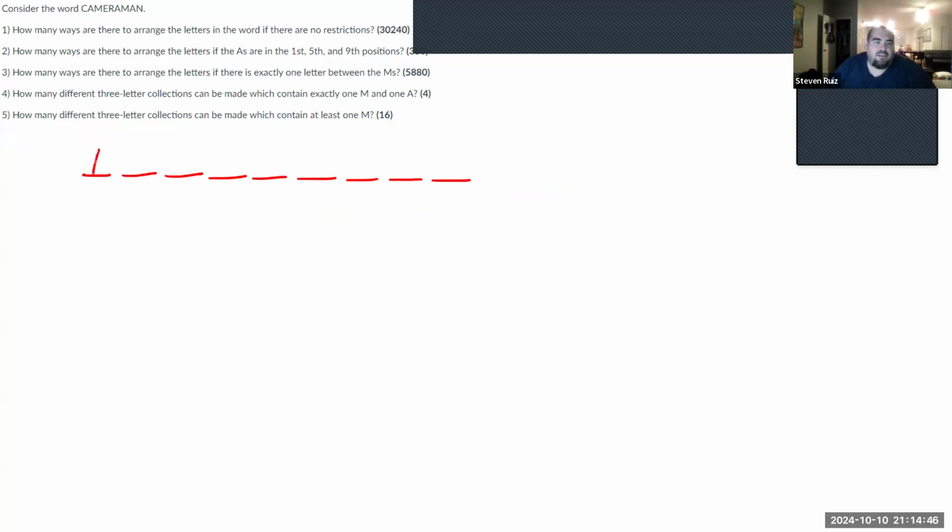So if the A goes here, 2, 3, 4, A goes here, 6, 7, 8, 9, A goes here. Let's check off the letters that I've already used. I've used the A, the A, the A, so I don't have any A's left. What do I have left? I have C, M, E, R, M, N. So I have 6 letters left.